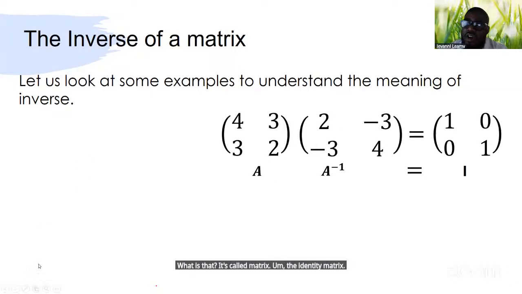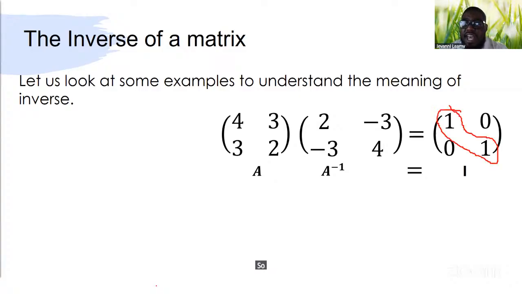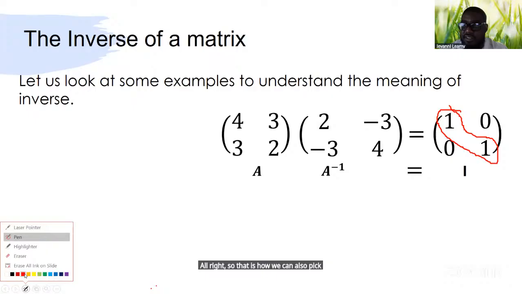How do we know that this is an identity matrix? The leading diagonal is always going to be 1, and the other elements are going to be 0. That is how we can pick up on what that is.